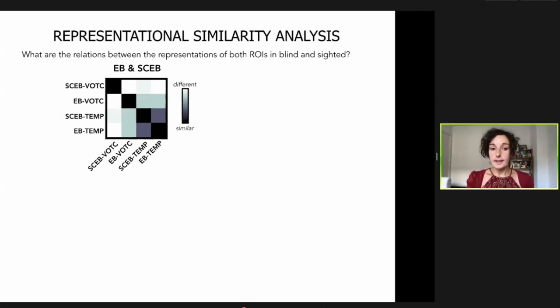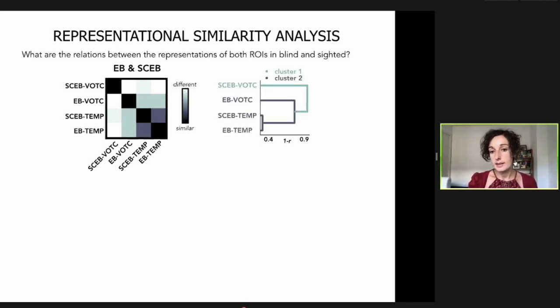To better understand the structure of this matrix, we applied a hierarchical clustering analysis on it. This analysis basically will divide the different parts of the matrix into two clusters according to their similarity. So basically, regions that have a more similar representation will be clustered together.